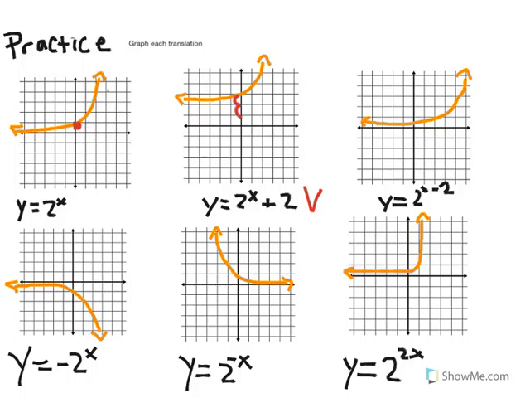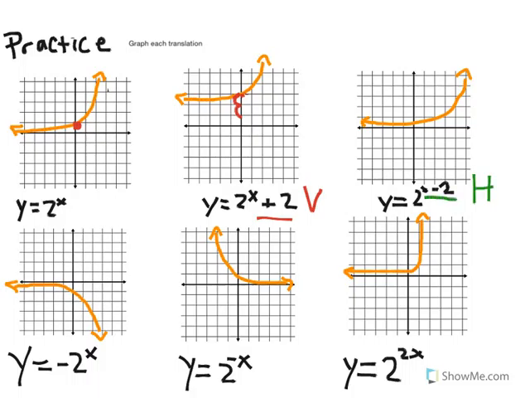On the base, the graph crosses the y-axis at 1. If I shift it up 2 and draw the same exact graph, it crosses the y-axis now at 3, because that's 2 points up from 1. That indicates my vertical translation: because I had plus 2, I shift up 2.